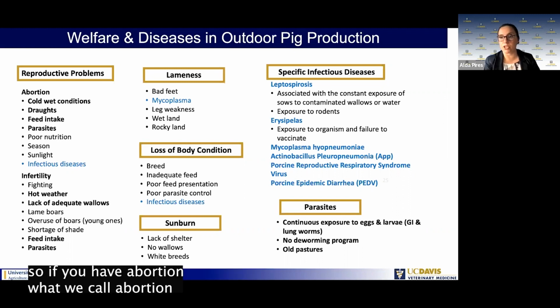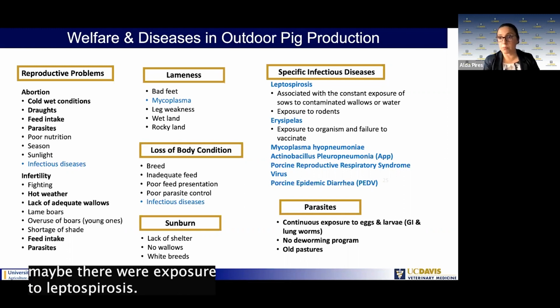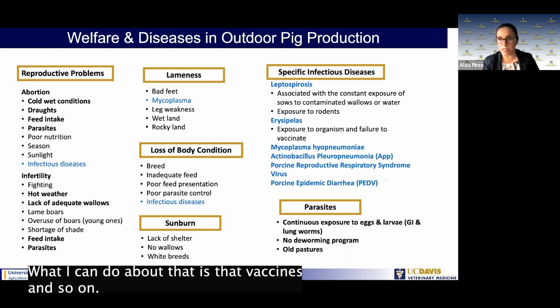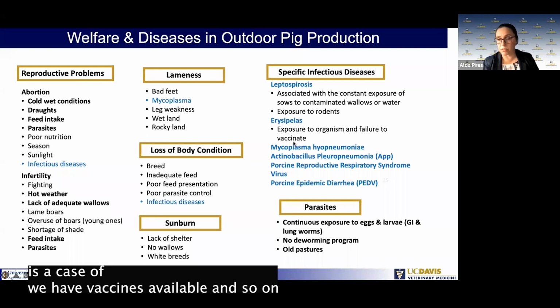If you have what we call an abortion storm, a lot of sows aborting, maybe they were exposed to leptospira. Talk to your veterinarian: what can I do about it? Are there vaccines and so on? Erysipelas is a case where we have vaccines available.